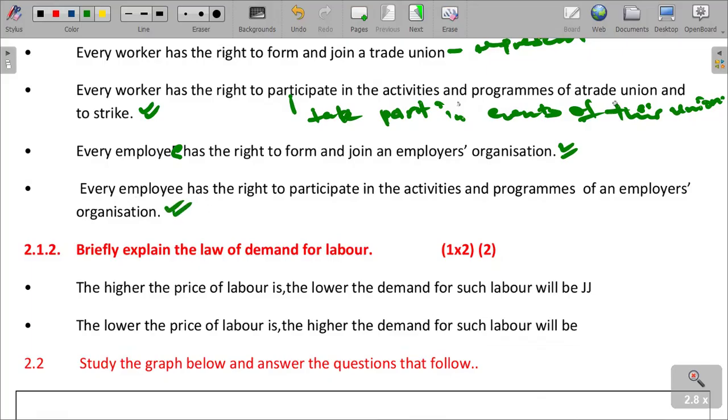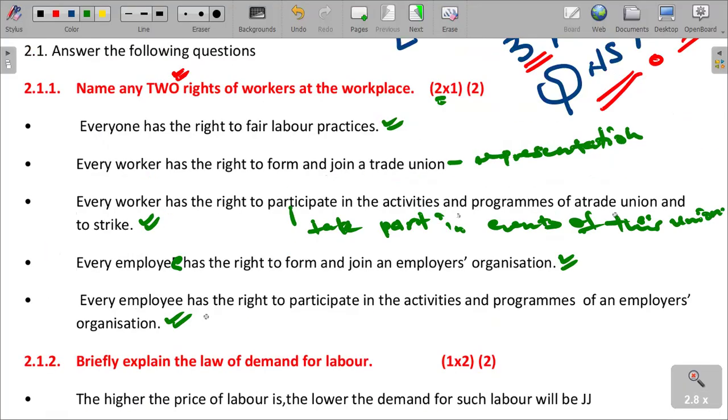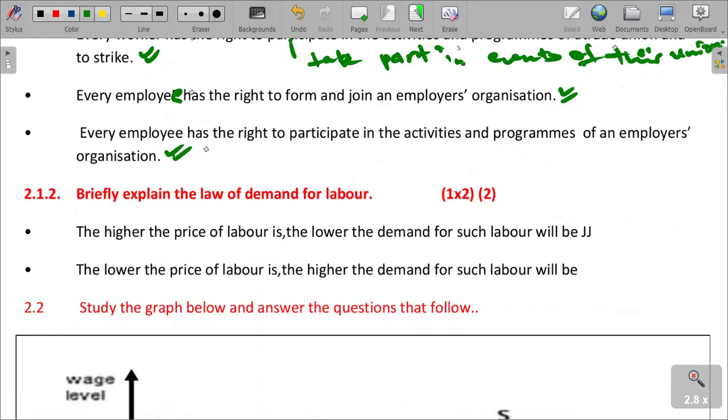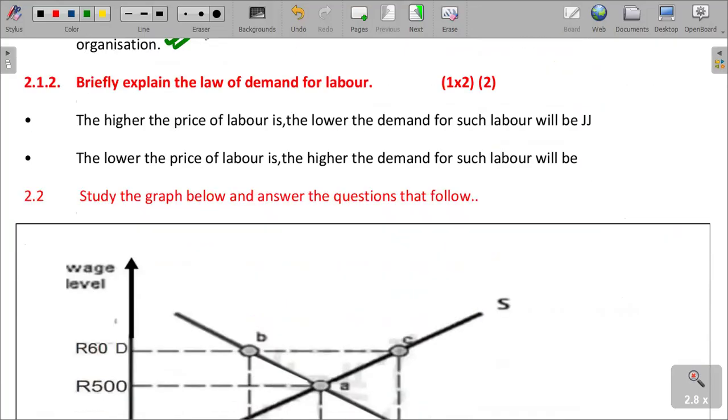So these are the rights of employees at the workplace: participating in, forming or joining an employers' organization.